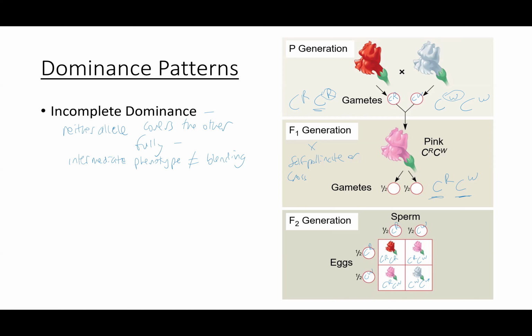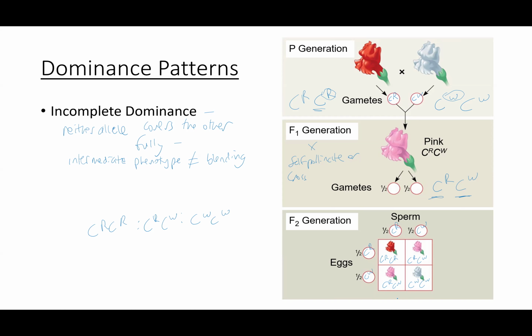So what would be the phenotype ratio for the F2 generation? So the genotype ratio we would write is this. What would be the genotype ratio?